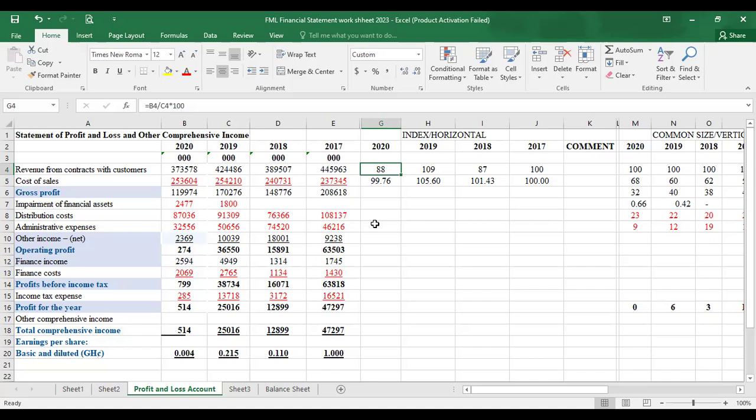And I said, when we do the horizontal or index analysis, it will bring out the issue. And with what we have done, we have seen that the cost of sales is not the issue, but the revenue. So I'm asking, what happened in 2020? This is Fanmo Ghana's financial statement we are using. So what happened in 2020 that would have accounted for that decrease in their sales?